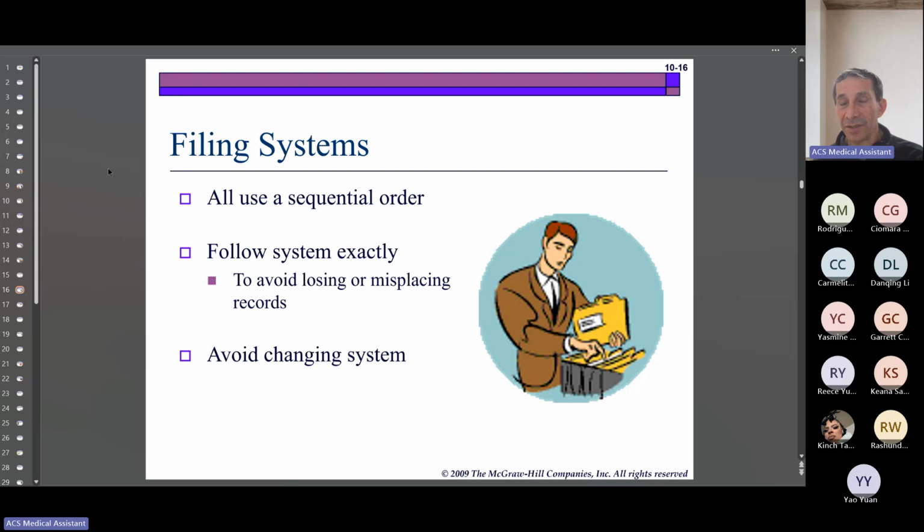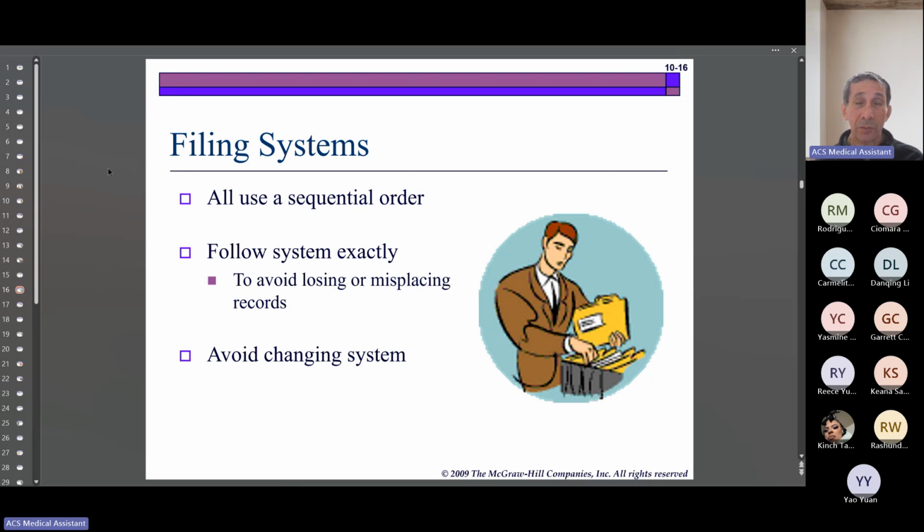And we should not change the system. If we organize the numbers in an ascending way from 1, 2, 3, or descending, we should not change that. Oh, no. Let's start from 100 and then 99 because it's a lot easier, because these patients usually are the recent ones and they are coming more often, so I'm going to have it there on this side. No, we do not change anything. We're going to follow the filing system that your organization has.